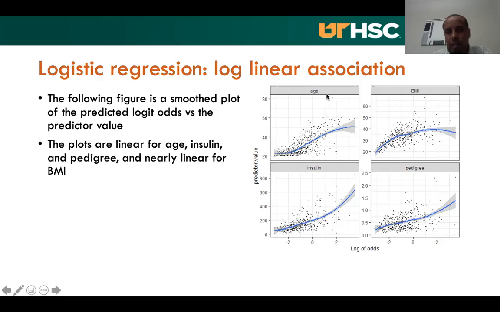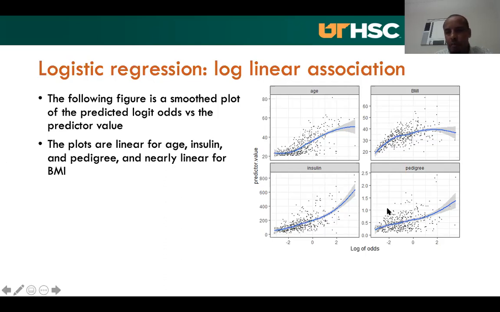So looking at the scatter plot between age and the log odds of type 2 diabetes, it looks like there is a linear association between the age of the participant and the log odds of the outcome. And looking at body mass index or BMI and the log odds of diabetes, it looks slightly deviated from linear, but not too much. It's not very extreme, so we can still use logistic regression.